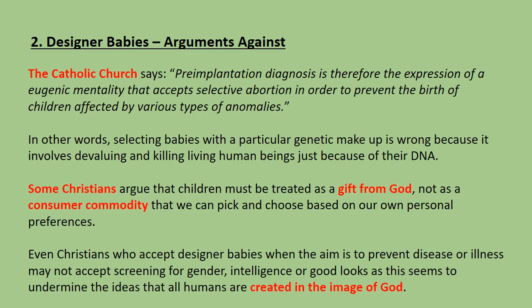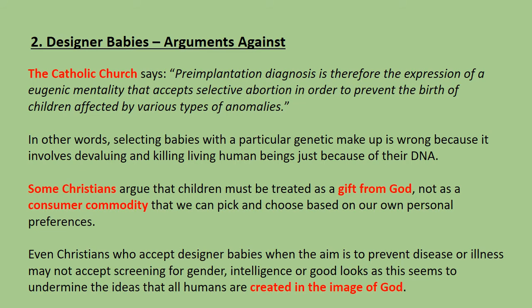The Catholic Church says, this is a quote from a document produced by the Catholic Church, pre-implantation diagnosis, that means screening, is therefore the expression of a eugenic mentality that accepts selective abortion in order to prevent the birth of children affected by various types of anomalies. In other words, eugenic means a sinister thing from the past when people used to think that you should only let certain people breed and only allow certain kinds of people to have children so that you could create only the best or the greatest kind of people.